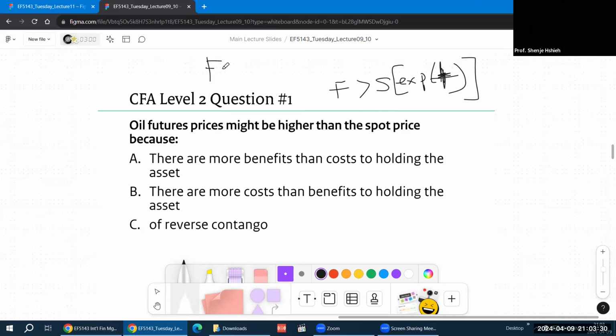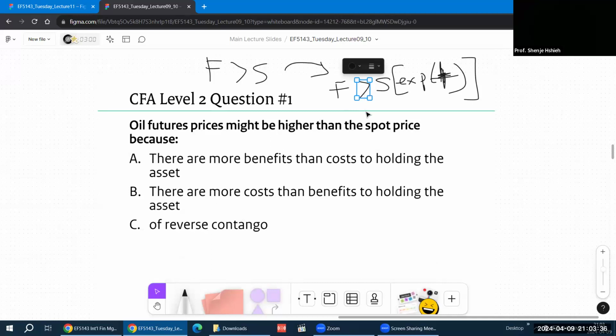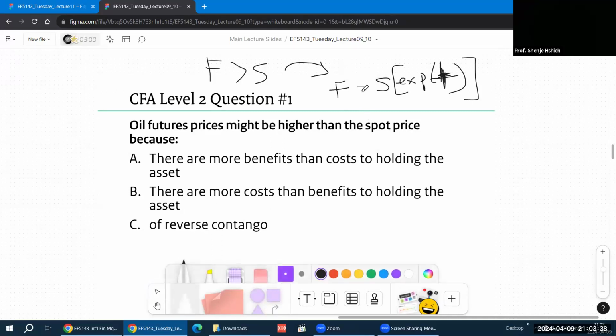So if F is greater than S, it implies that this component is very large, right? So it's inflating S so that the price of F is super large.